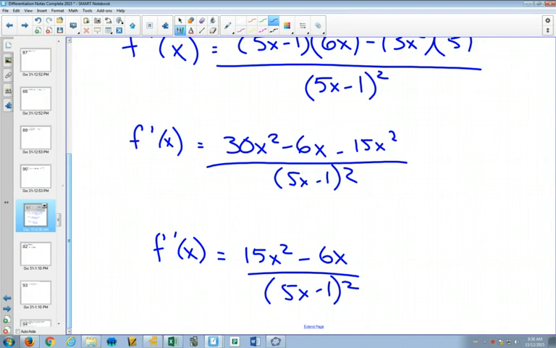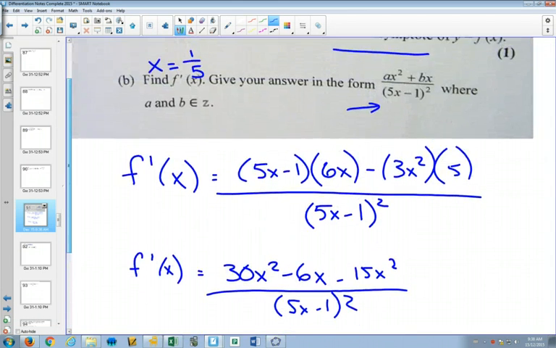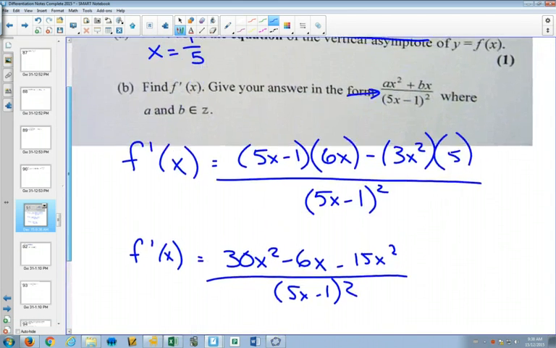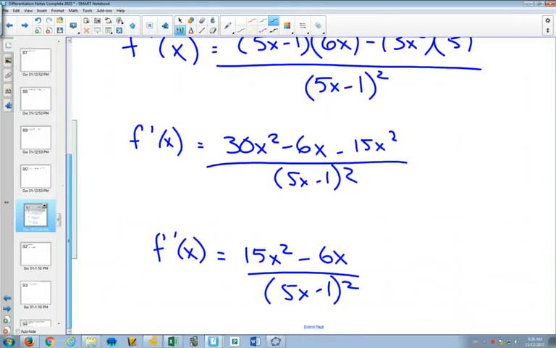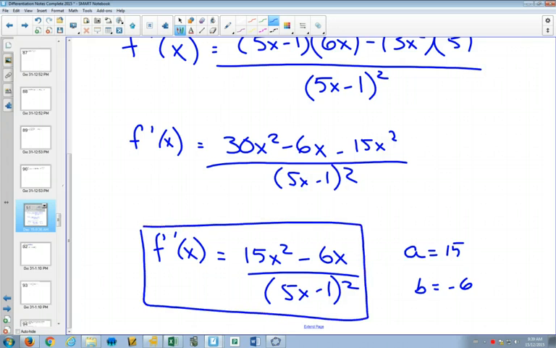And so after combining like terms, we have things in the form ax squared plus bx. Whoa. And so we would know that a is equal to 15 and b is equal to -6. It didn't ask us to state what a and b were, it just asked us to write this in the form. So this here is our final answer in the correct form.